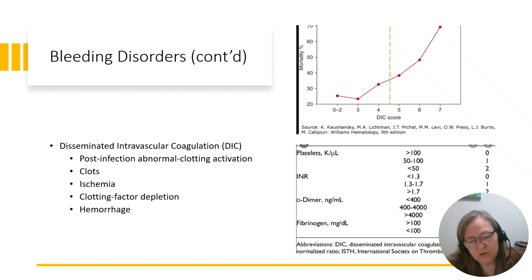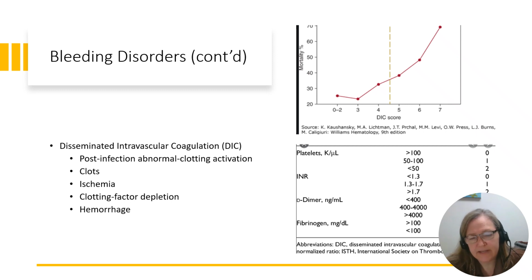Ischemia can also cause DIC. So if you have massive ischemia somewhere, the body tries to deal with that by issuing clotting factors. So clots can trigger it, and then also post-infection.